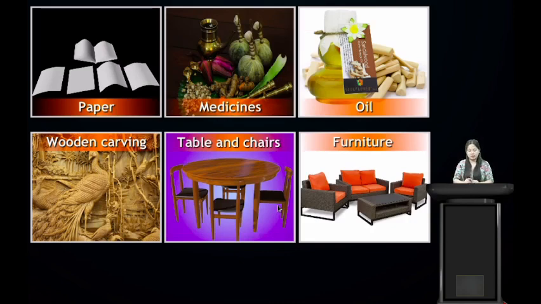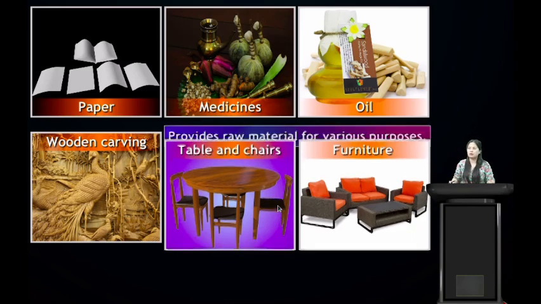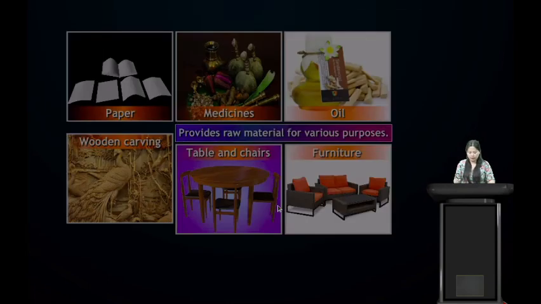We also need medicine, we need oil for cooking, for different purposes. We also have furnitures. So all these things that we use in our day-to-day lives, the raw materials are provided by the forest. So the forest also provides raw materials for various purposes.